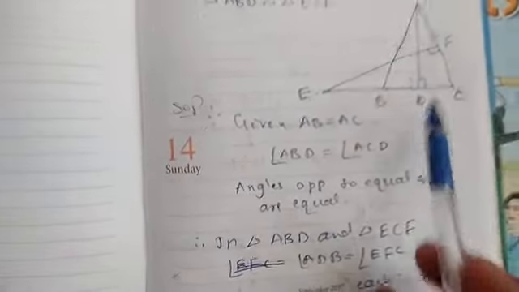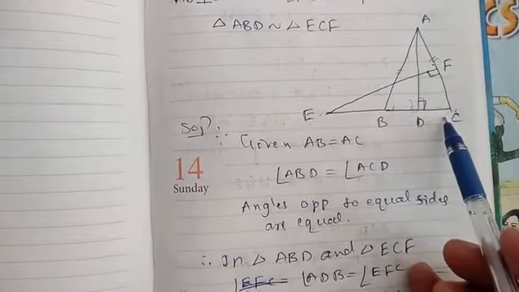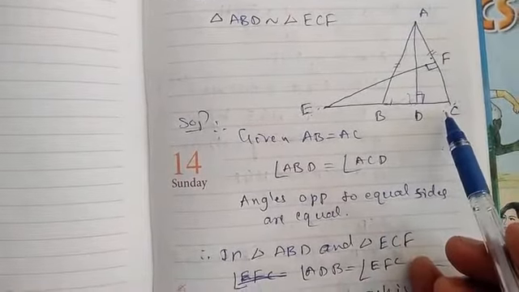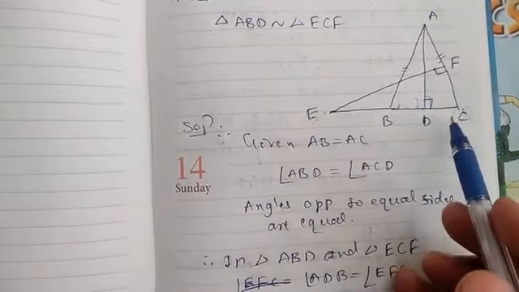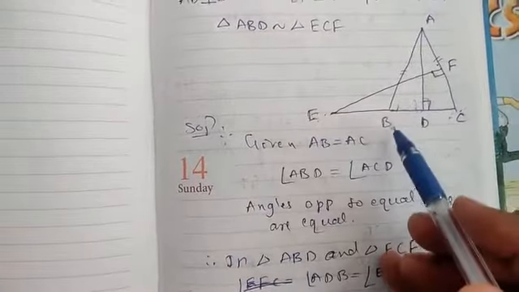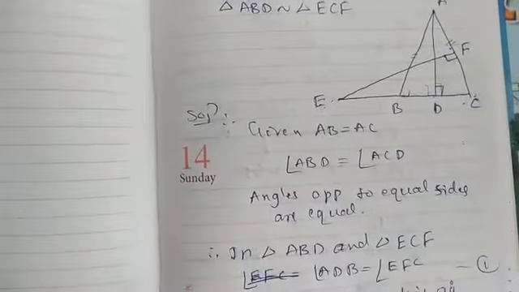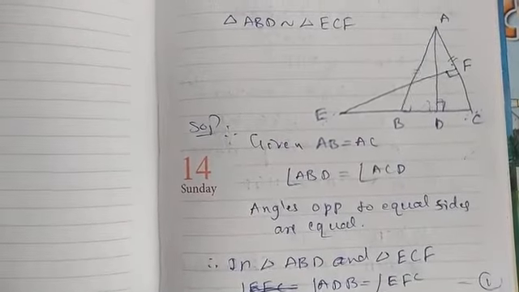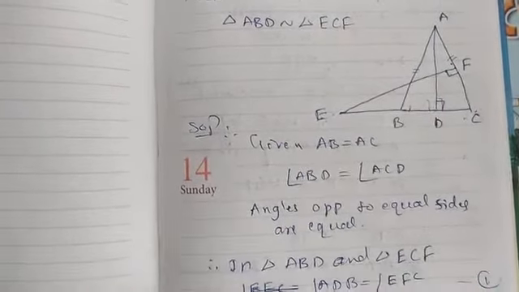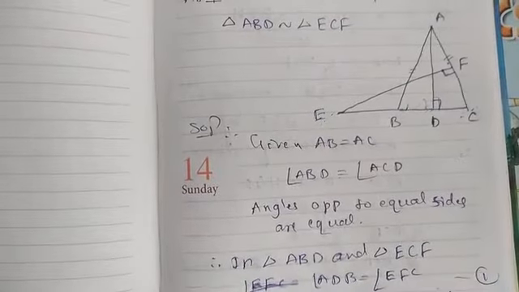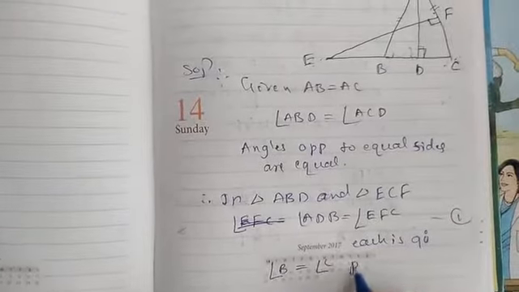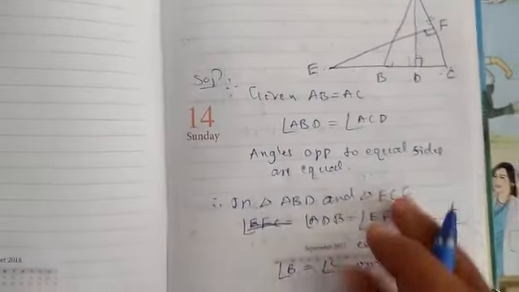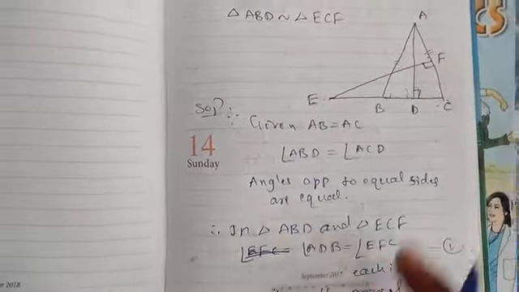Then angle B is equal to angle C, you proved already, correct, children? So in one triangle angle B is equal to angle C in the other triangle, because you proved it. So two angles are equal in both triangles.